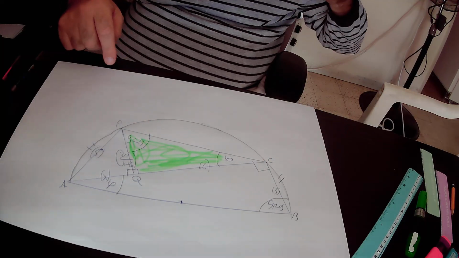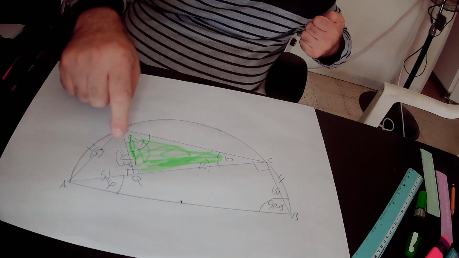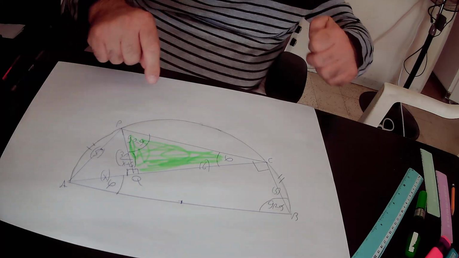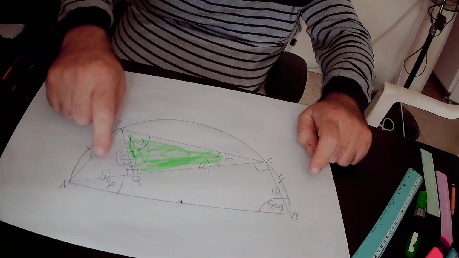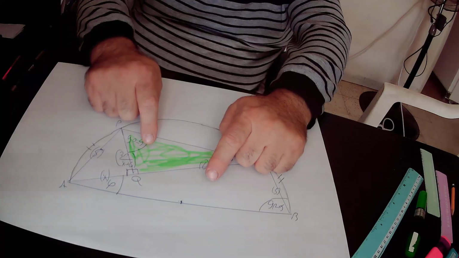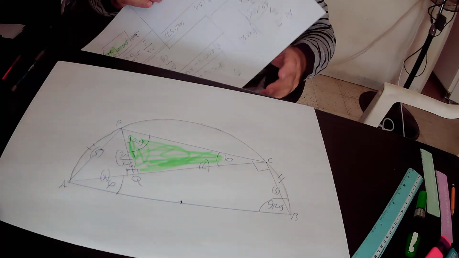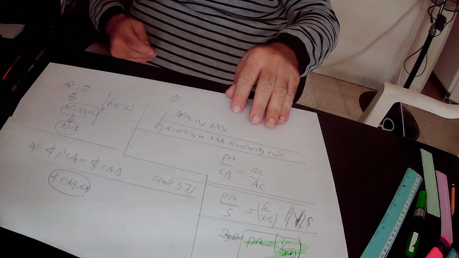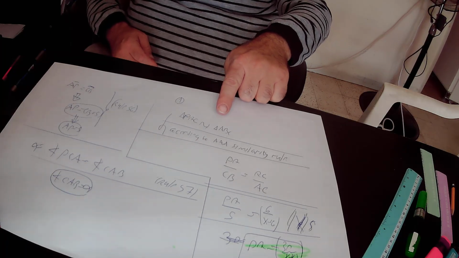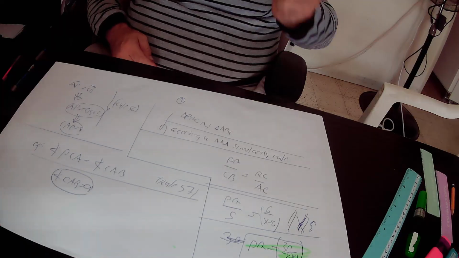So we prove that all three angles of this green right triangle PQC are correspondingly equal to all three angles of the right lower triangle ABC, and therefore those two right triangles are similar to each other according to the angle similarity rule.